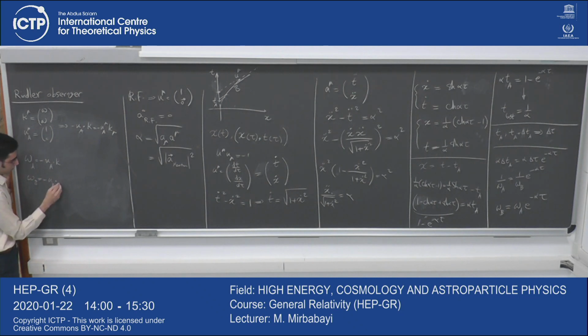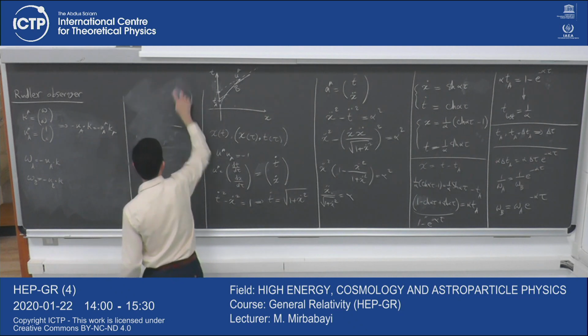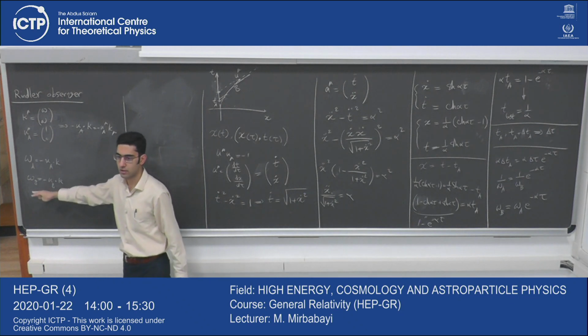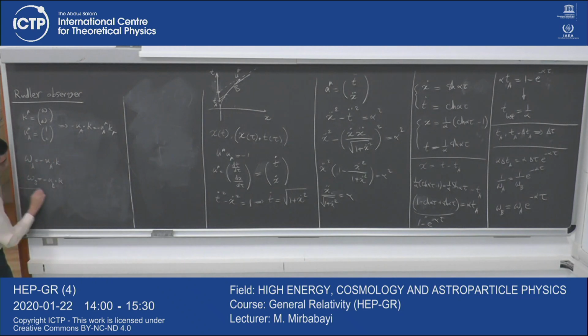Now here we have the velocity of Bob. So in order to understand the frequency of the signal as measured by Bob, all that we need to do is to remember that the two-velocity of Bob is given by right over there.